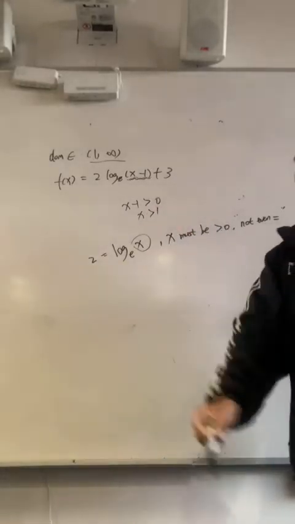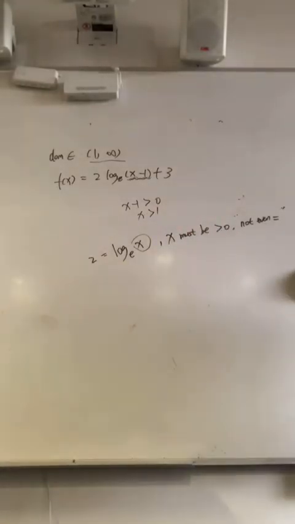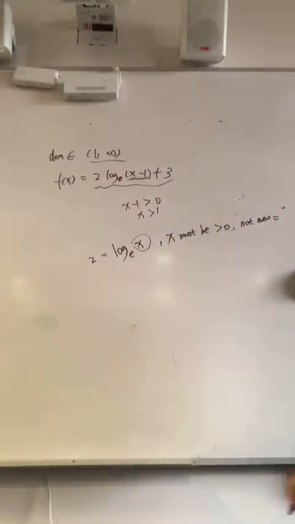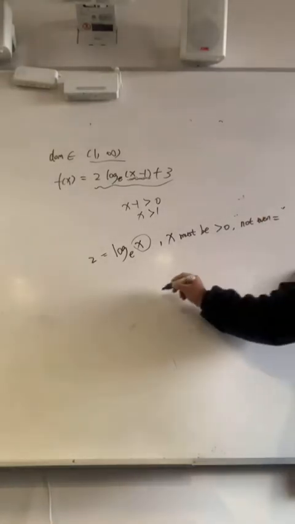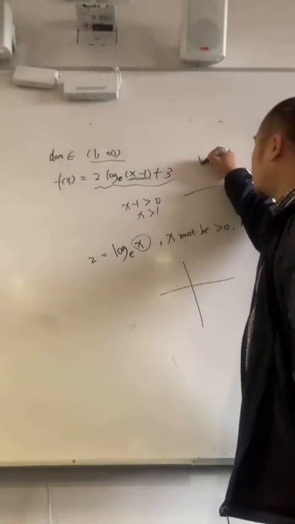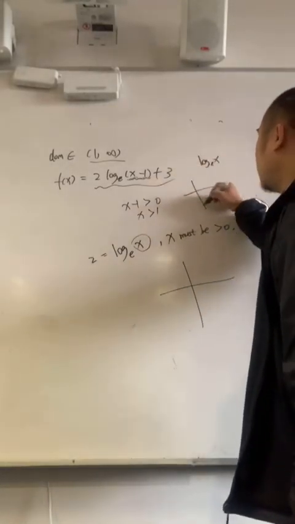So you can find the domain. How about the range for this one? How do we find the range? To find the range, we sketch it, right? Can we sketch this one? That's what we learned last Friday. You can use your CAS to check the graph. You're not going to label it, but we know this graph is something like this.